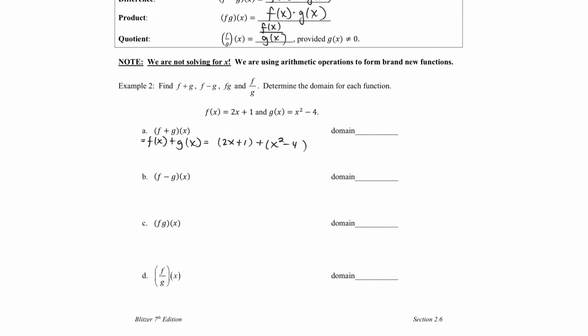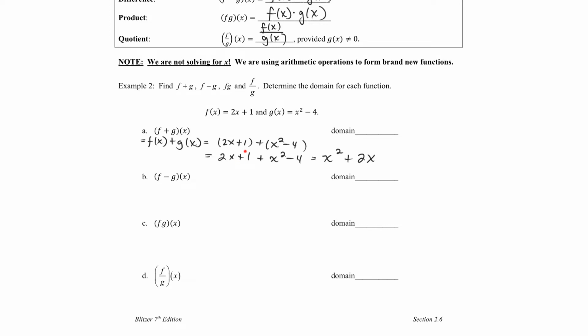Now those parentheses are not really serving a purpose for me, so I can go ahead and remove them. 2x plus 1 plus x squared minus 4. And all I need to do is combine my like terms. I have an x squared. I have a 2x.